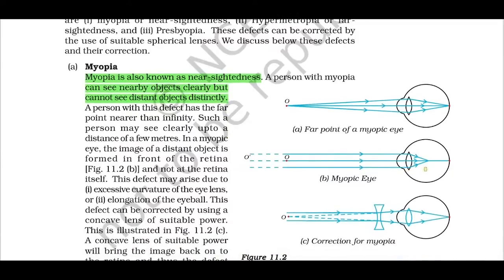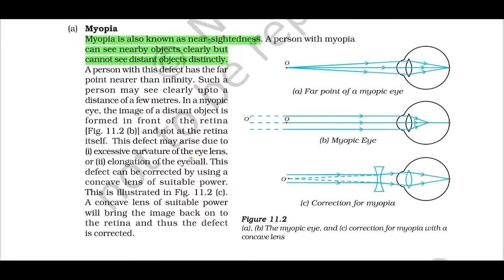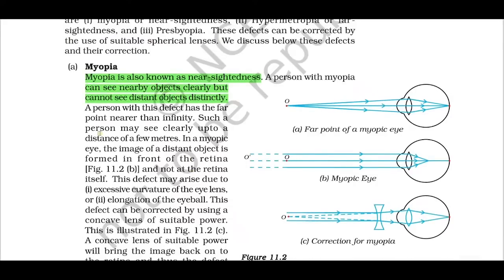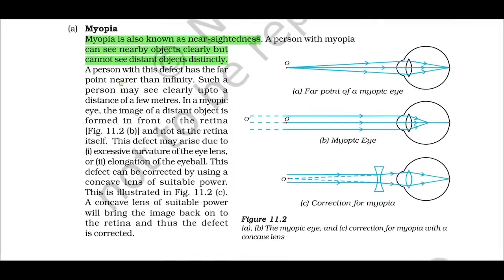That means the image is formed in front of the retina. It should be formed on the retina.